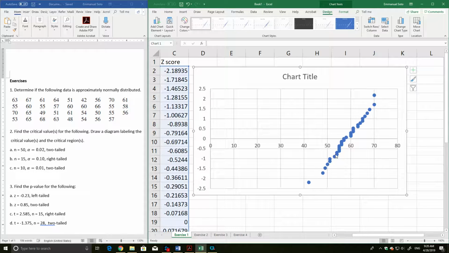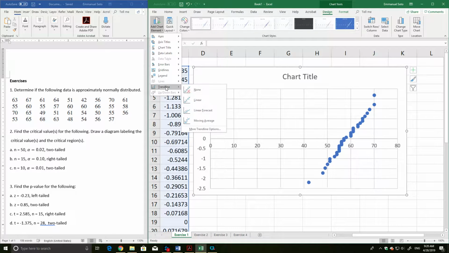So how do we determine how much of a straight line it follows? Well, we want to go to the top icon here, this plus icon, and if you don't see that, you can use the add chart element icon here. But regardless of whichever you choose, you're going to go to trend line and then more trend line options.